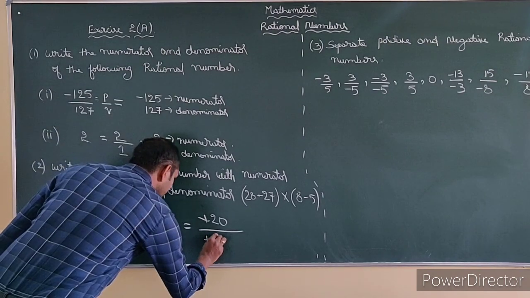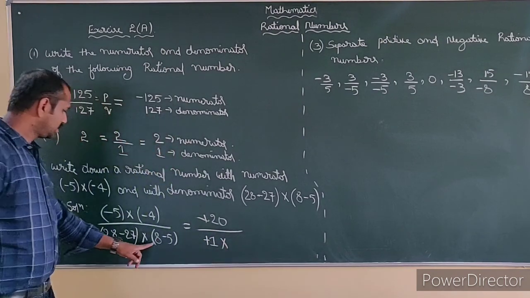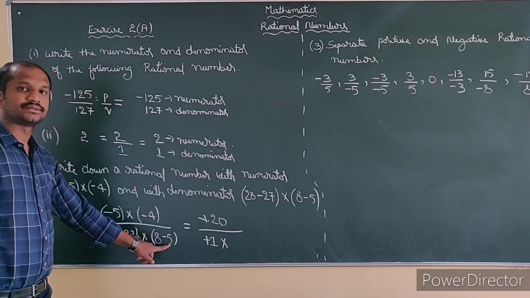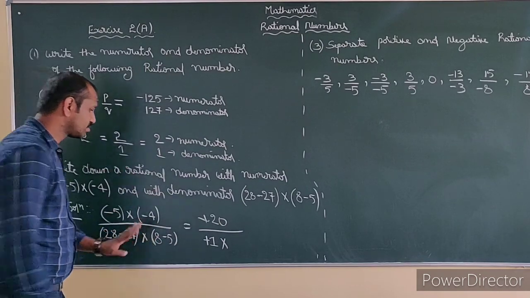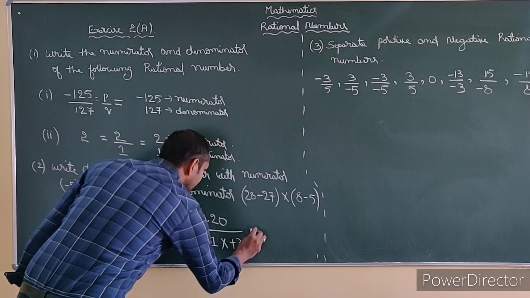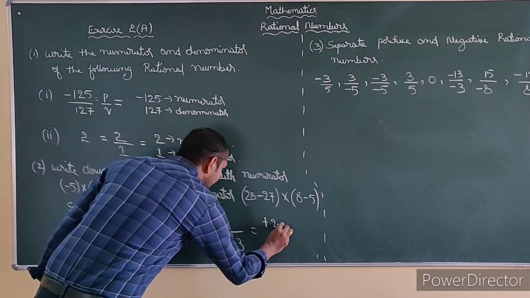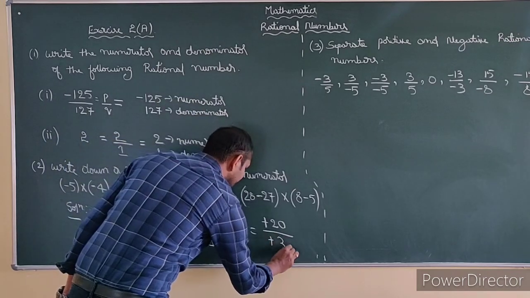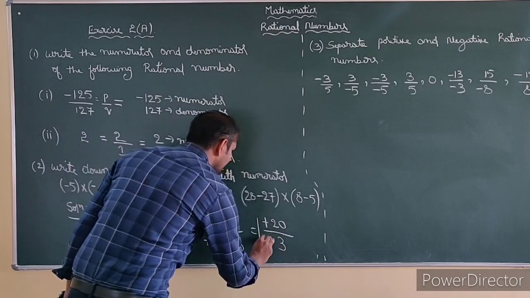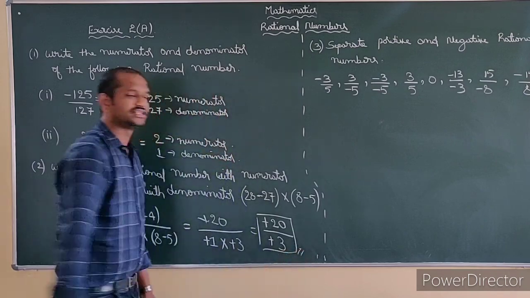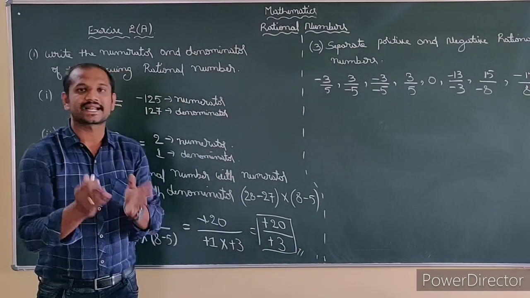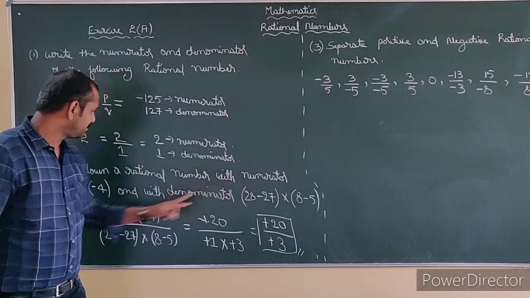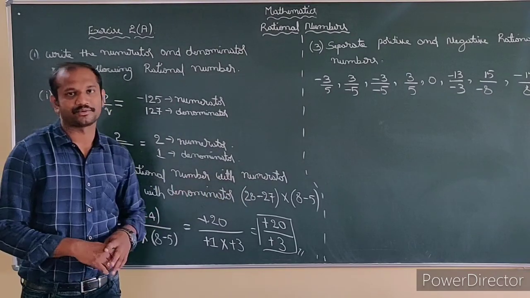So we have plus 1 into, look here, 8 minus 5 is how much? 8 minus 5 is 3, so plus 3. So therefore I have plus 20 by 1 threes are 3, plus 3. So look here, now this is the rational number. 20 by 3 is the rational number we get when we solve this numerator and denominator.